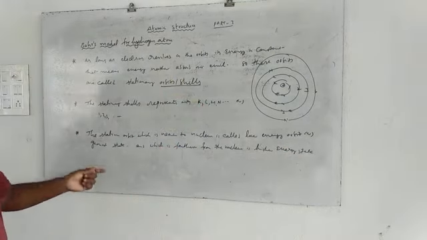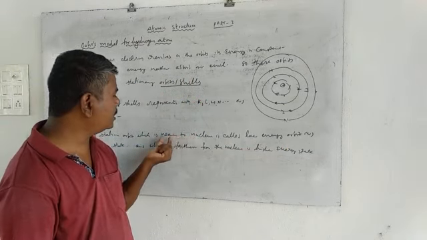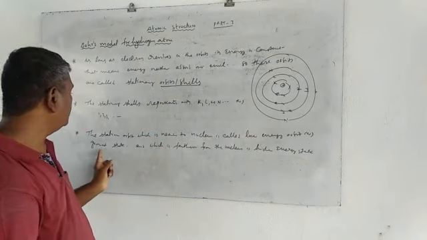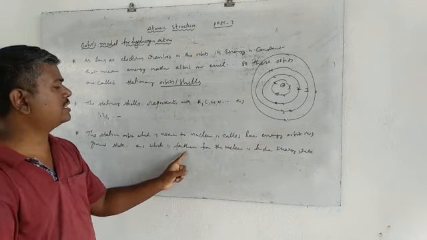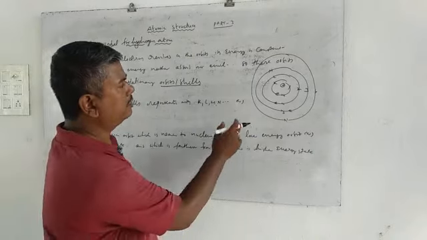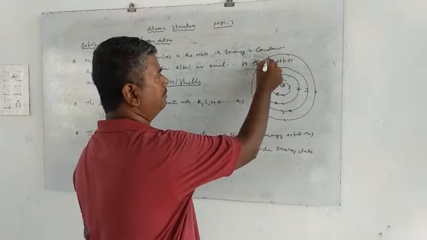So the stationary orbit nearest to the nucleus is called the lower energy state, also called the ground state, and the farthest from the nucleus is the high energy state. So while you compare here, K, L, M, N.